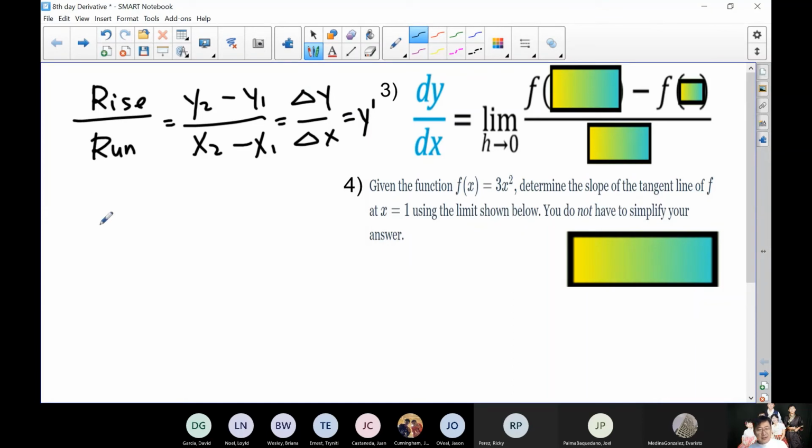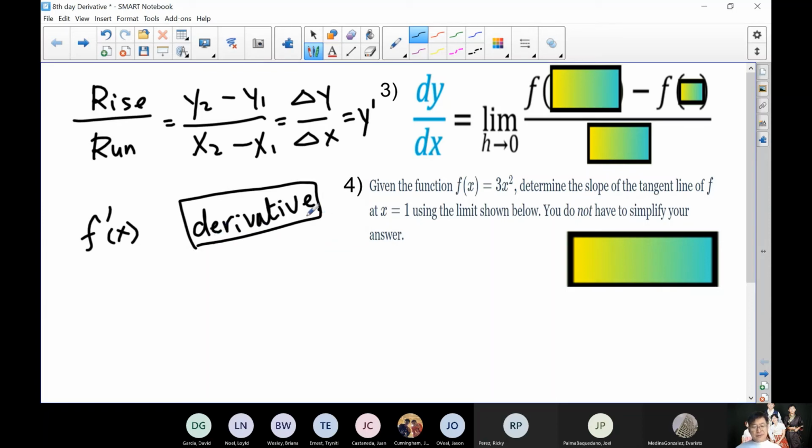Or you can say f prime x. Derivative means slope, another name, rate of change.